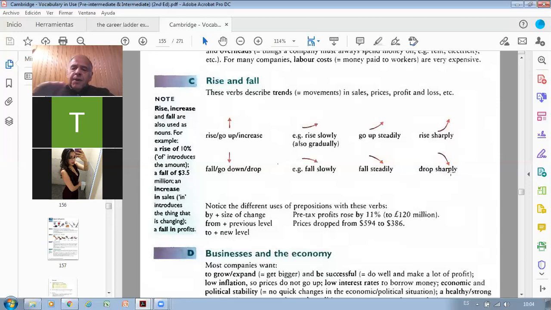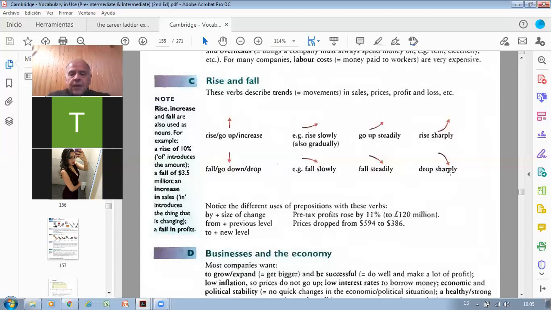So steadily is permanently. Slowly, slowly. Steadily, permanently. Sharply, very violently, okay? Sometimes, for example, nowadays, because of the coronavirus, the stock market is falling permanently or sharply, right? Because we have lots of problems in economy.